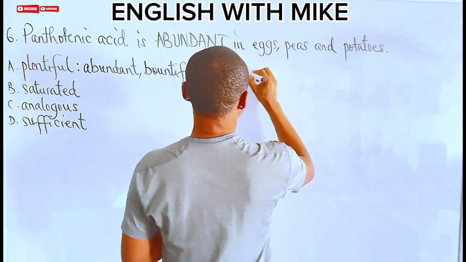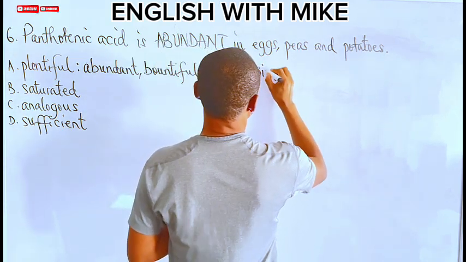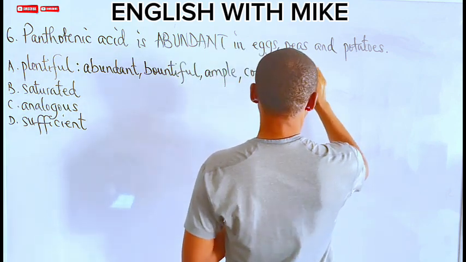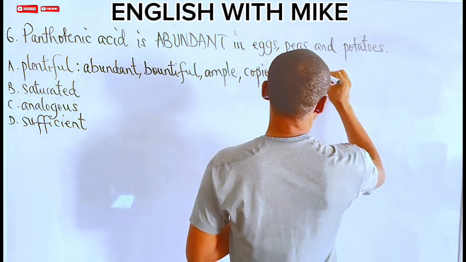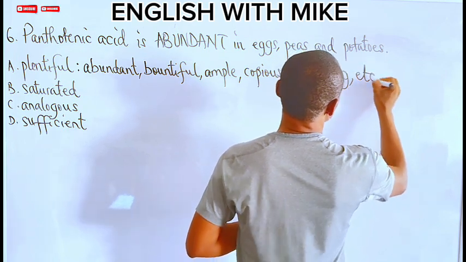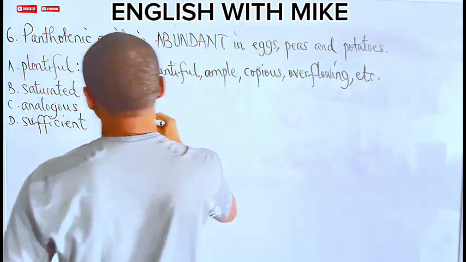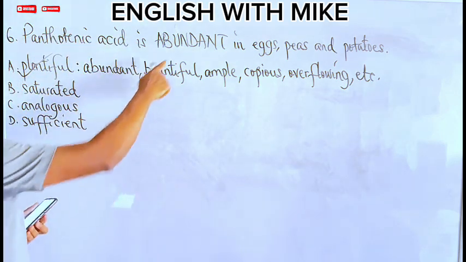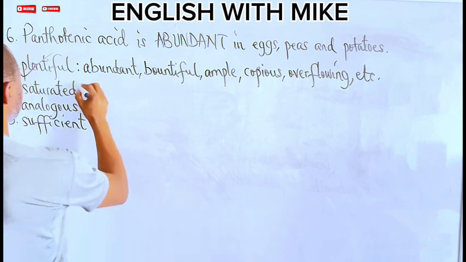Ample, copious. Copious means overflowing, etc. So definitely the answer is plentiful. Abundant is synonymous with plentiful.